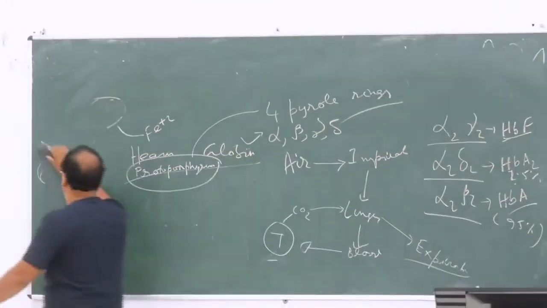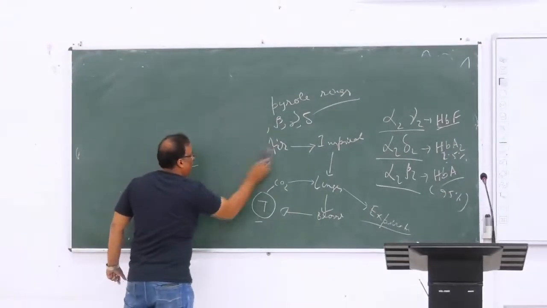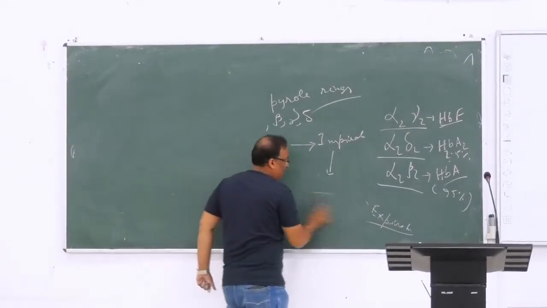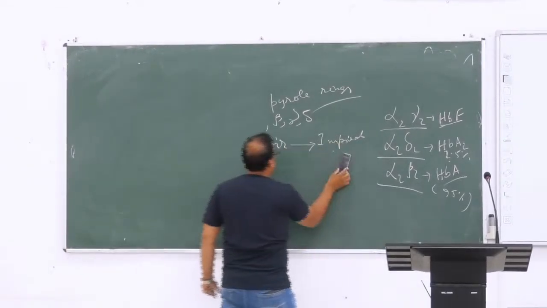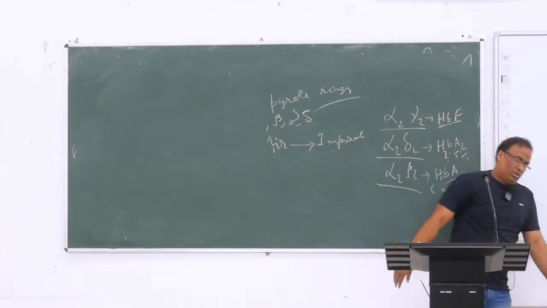What do you mean by myoglobin? বলে ফেলো মায়ো মানে কি? মায়ো মানে হ্যাঁ, muscles. Okay, so myo means muscles. So muscles presence of some proteins in the skeletal muscle as well as heart muscle, that is myoglobin.